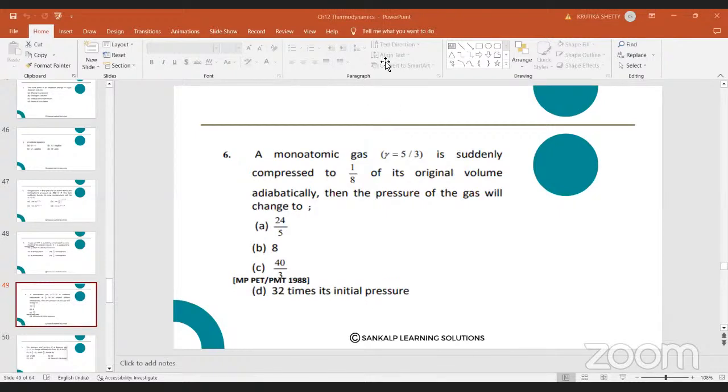How are we going to do this? Check Cp by Cv. This is an adiabatic process, so in case of an adiabatic process, you can use PV raised to gamma.